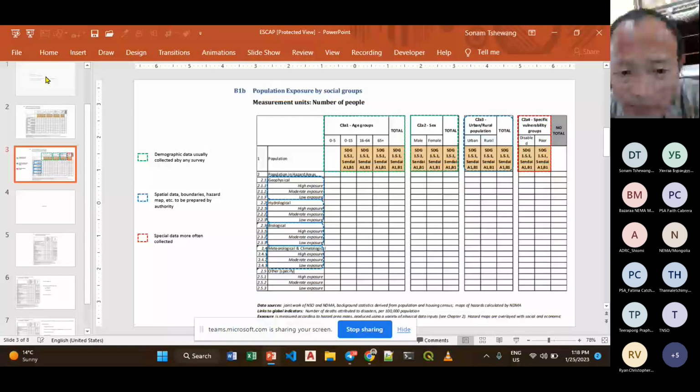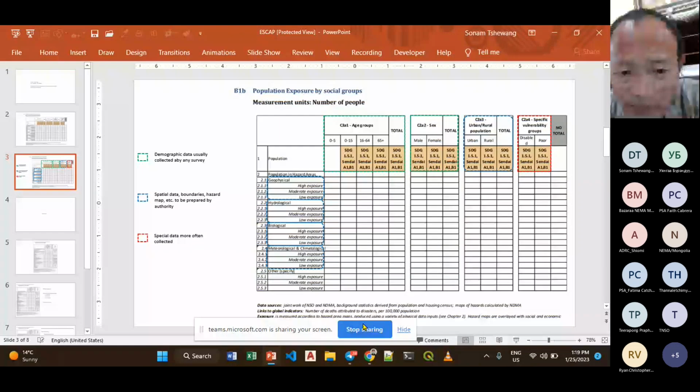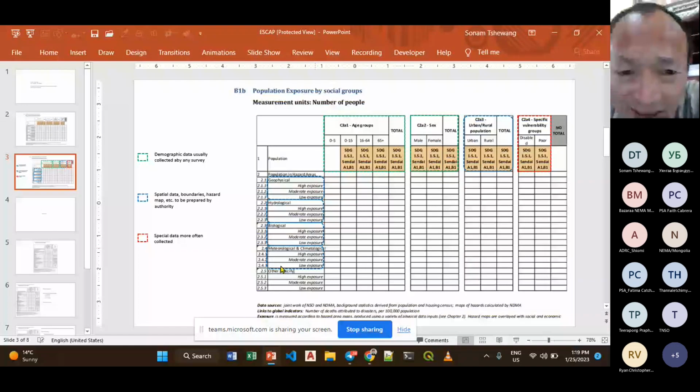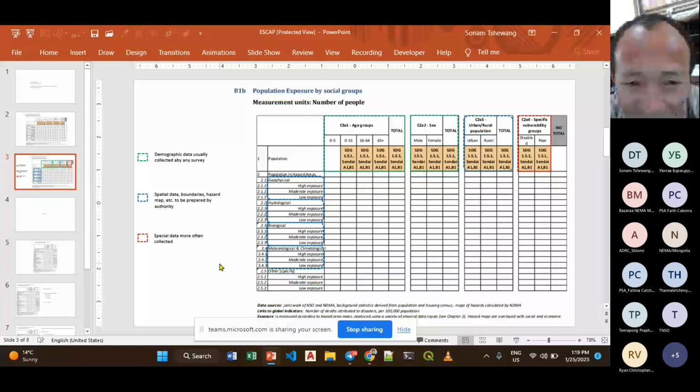Can I talk now? Yes, please. Regarding table B1B, I was saying it is basically a 2 by 2 mix of spatial data.